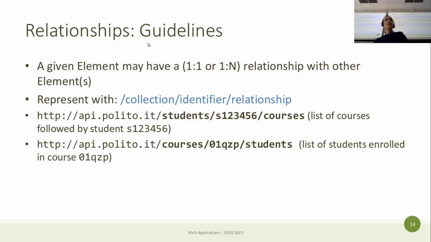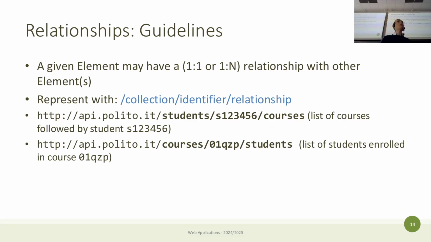Let's come to a more complex case. Not everything can be modeled as just a single list, a single collection, right? Students at the university have a number of courses that they need to attend. So each student has their own list of courses.